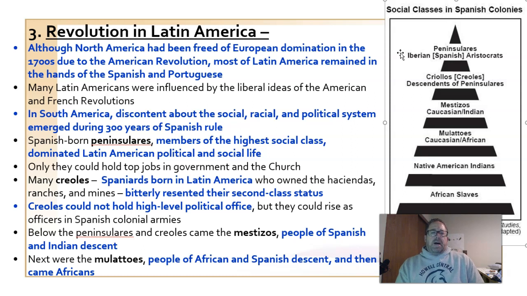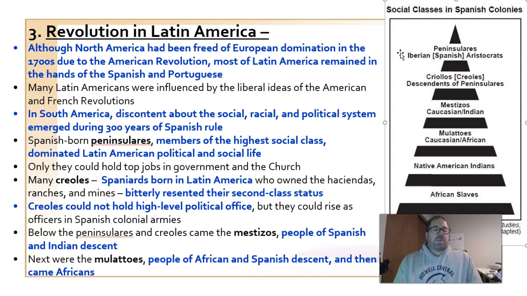So when we talk about Latin America, the first thing we're talking about is the Western Hemisphere, but everything south of what is today the United States. Okay, so that's going to include Mexico, Central America, South America, and even the Caribbean. The reason why we say Latin is because the countries that control it make up the Romance language family.